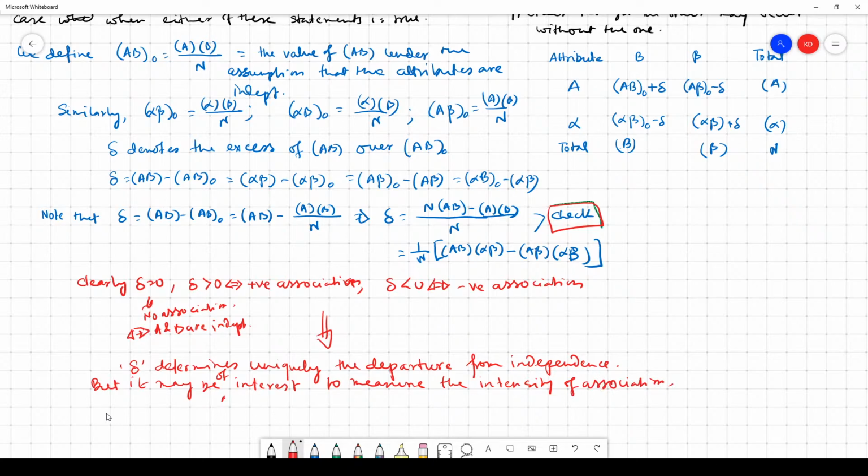So it is called the delta measure for association between two attributes.